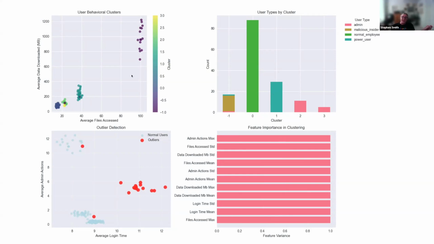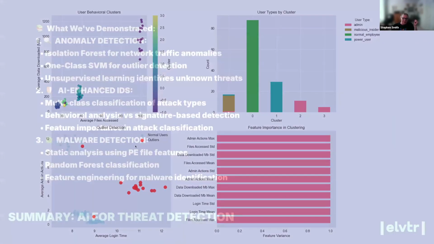Features and clustering. Again, I'm just going to gloss over this. We've been at this for quite a while, and I want to leave a little time for questions. But this is the example of the file access data download, and you can see anomalous activity, or at least clusters that you could investigate to see what was going on.